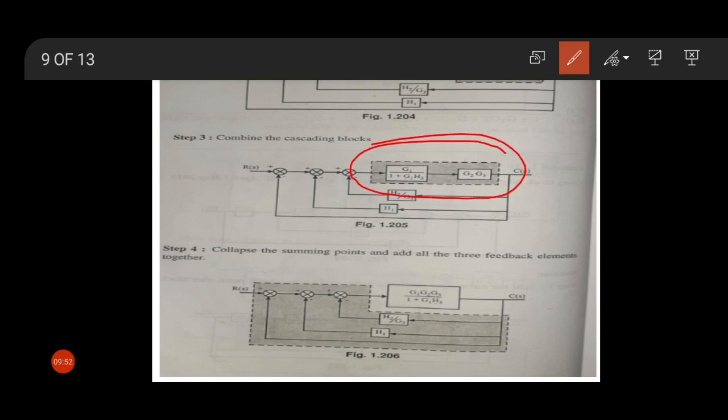After doing this step, we add these 3 feedback loops, meaning here one feedback, second feedback, third feedback. So we add the gain of the feedback.